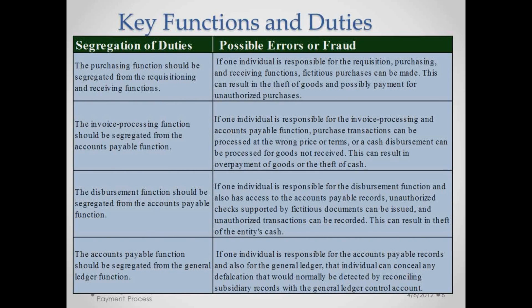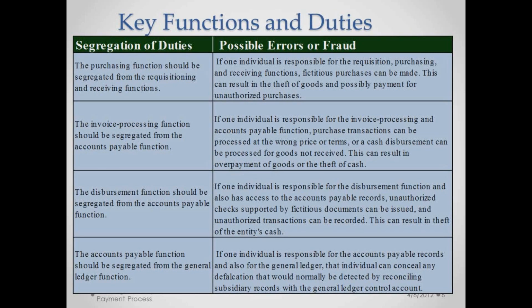Key functions and duties within this cycle would be related, obviously, to disbursements, the receipt of goods, and the ordering of goods. So you'd want to see typical segregation of duties. So, for example, the purchasing function should be segregated from the requisitioning and receiving function, right?